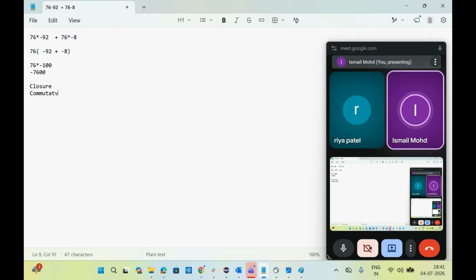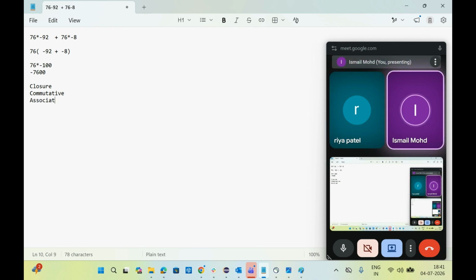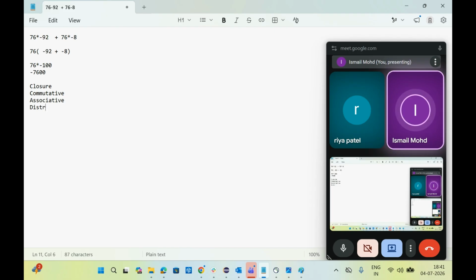Then what else you have? Associative. Then what else? Distributive. Now which one is it, out of these four? It is not closure.